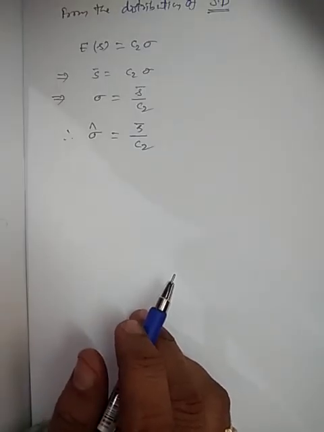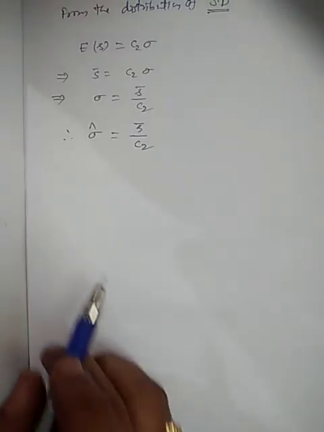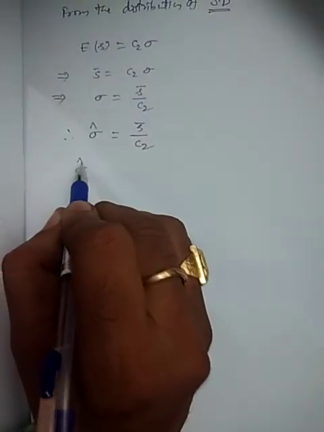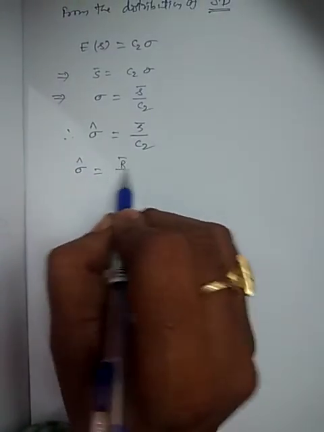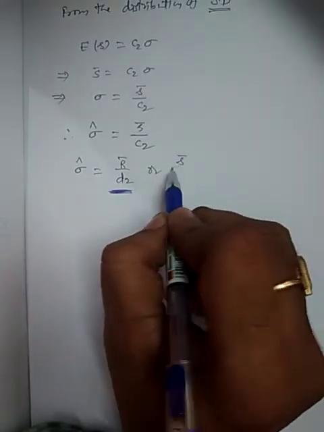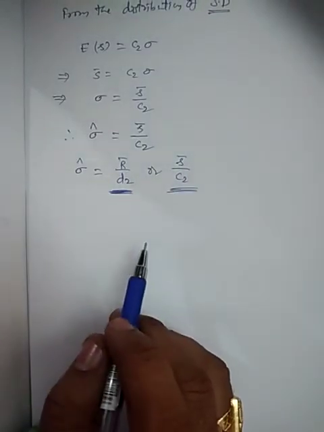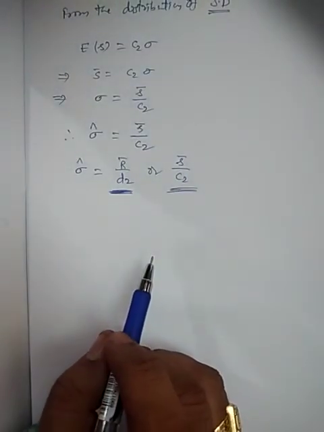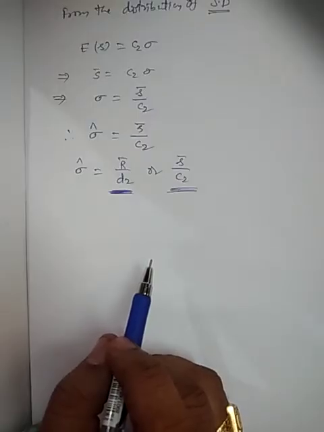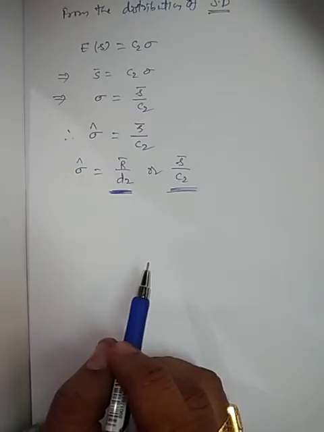Therefore, whenever we want to estimate sigma, it can be estimated in two forms: r bar by d2 from the distribution of range, or s bar by c2 from the distribution of standard deviation. These are the two kinds of estimates we use to estimate sigma, the population standard deviation, here the process standard deviation.